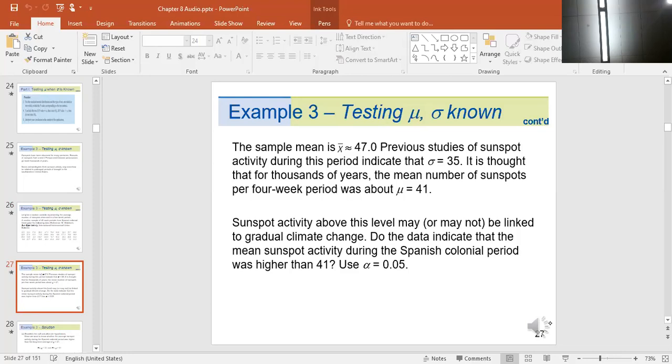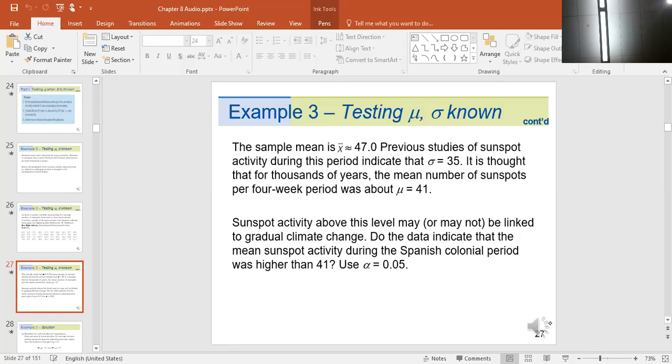What is the claim here? Look at the question. It has the claim. Mean sunspot activity during the Spanish colonial period was higher than 41, right?